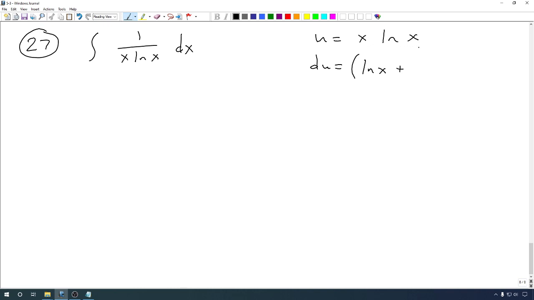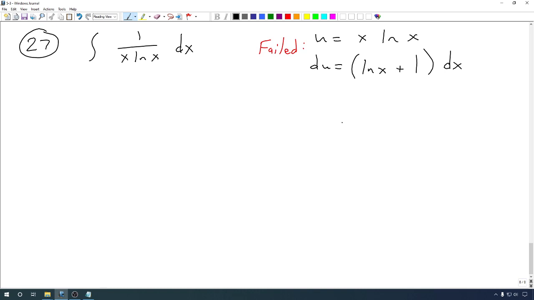The derivative of natural logarithm of x is 1 over x, which when you combine that with the x that we have here, actually becomes a 1. But this derivative is not found in our integral at all. This actually isn't going to work. Nothing here actually matches up with what we have here. So we can say this failed.